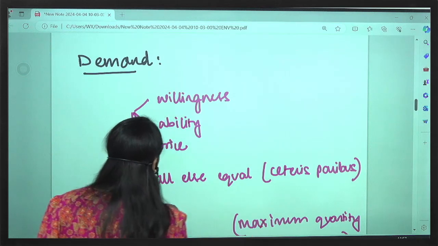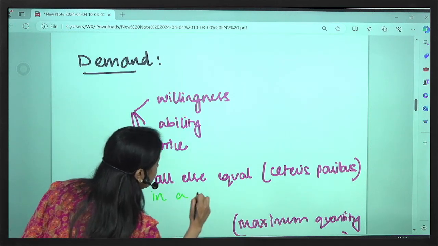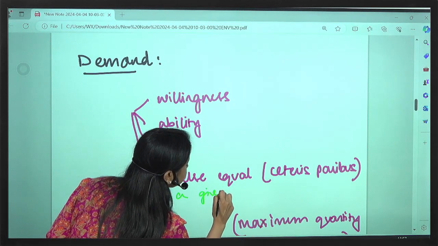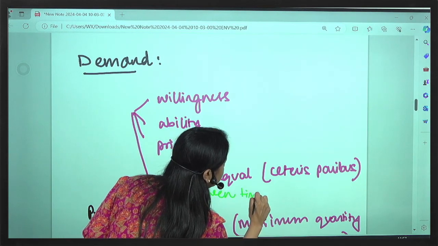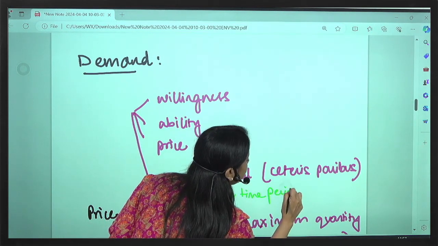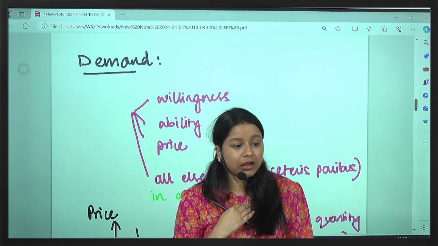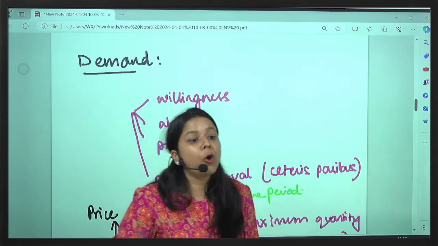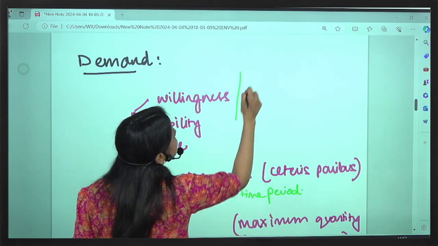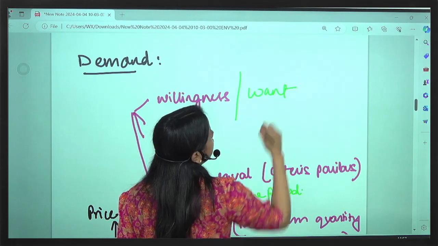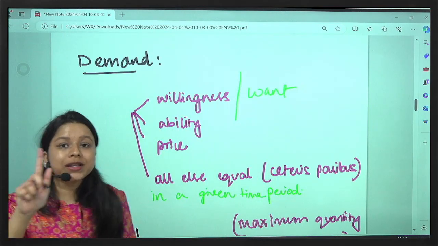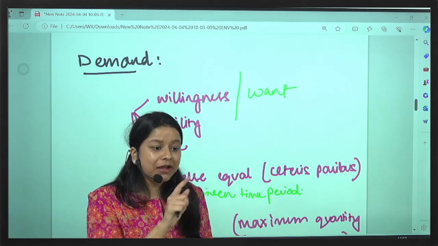All right, so in a given time period. For example, let's say suppose I'm saying that I want to buy 1 kg mangoes. I have defined what?